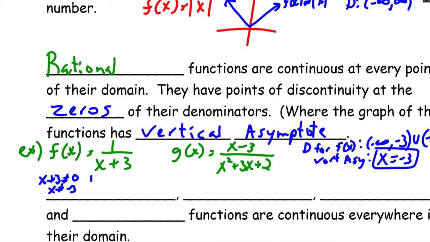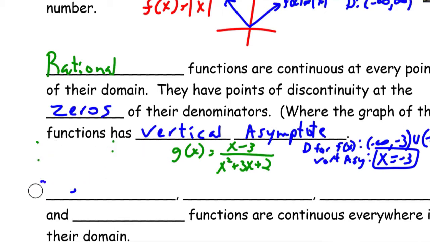Okay, let's look at g of x now. What is the domain of g of x? How would I figure that out? That's the bottom.